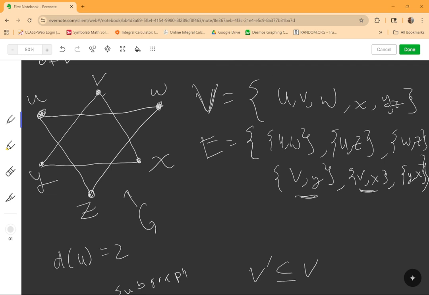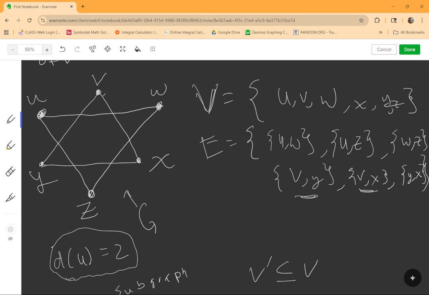Now, this allows us to establish a definition of the degree of a vertex. The degree of a vertex refers to how many edges are coming out of that vertex. So for example, here, the degree of u is 2, because if we look at u, there are 2 edges coming out of it.